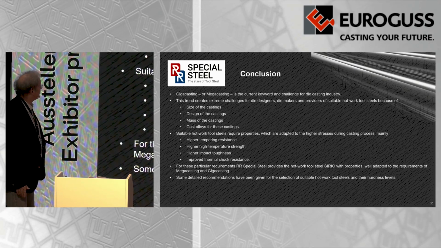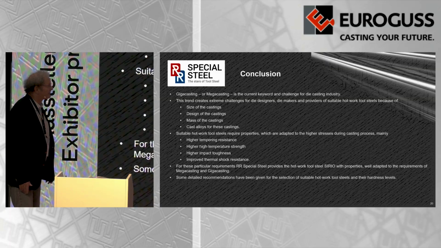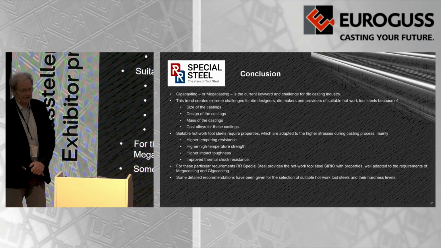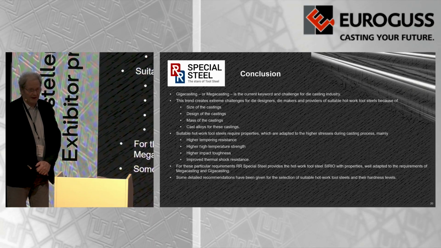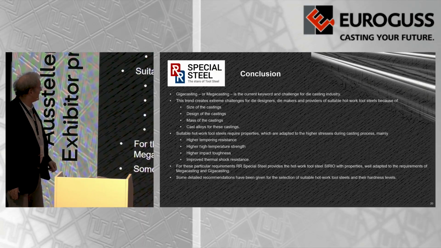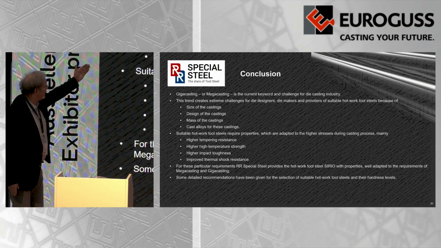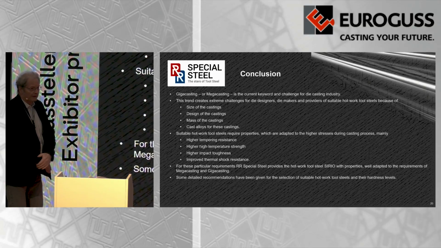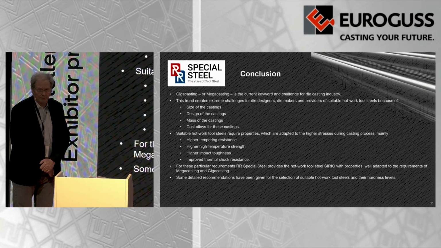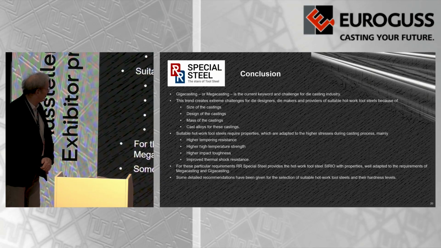This trend in die casting creates extreme challenges for the die designers, the die makers, but also for the steel suppliers who have to provide the matching steel grades. And the challenges are the die size, the size of the casting, the design of the casting, the mass of the casting, and finally also the casting alloys, which were especially developed.